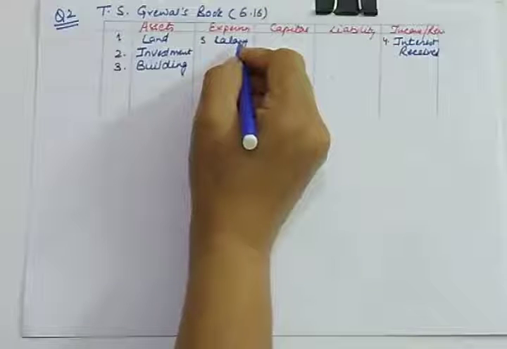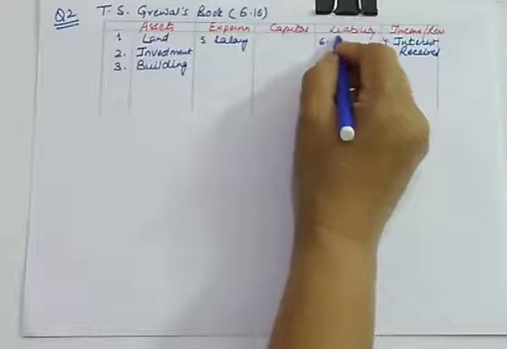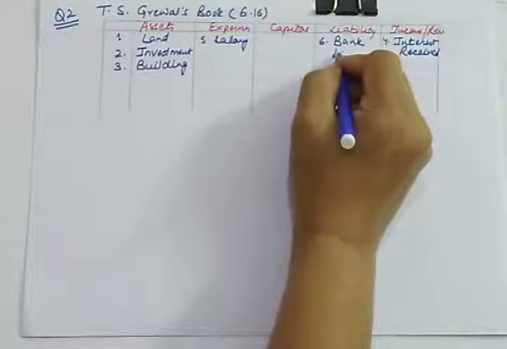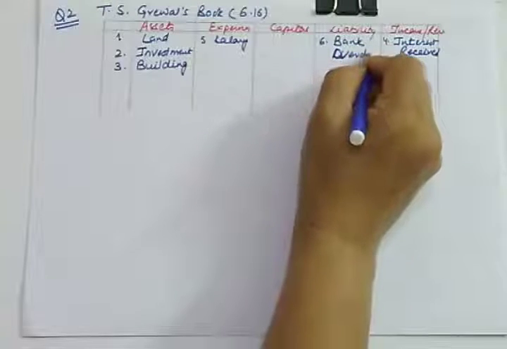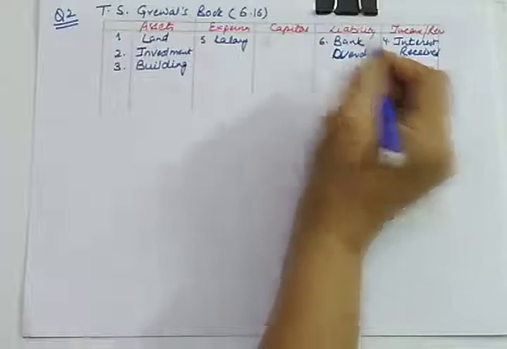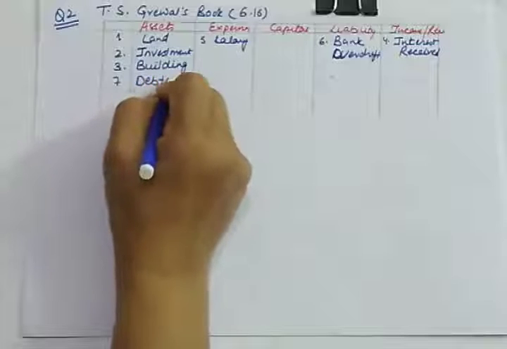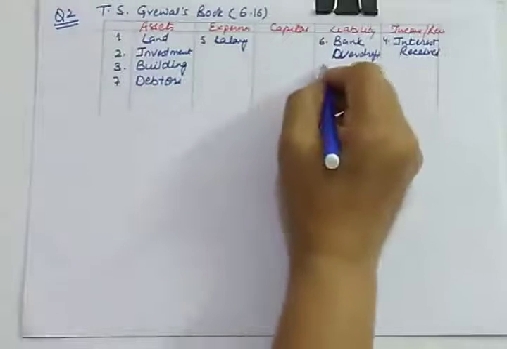And next is bank overdraft. Bank overdraft is your liability when you withdraw more than your deposits. And the next is debtors. Debtors will be your asset. Next is your creditor. Creditor is your liability.